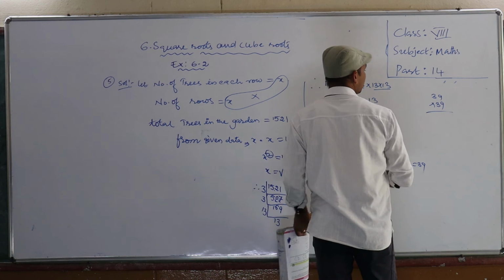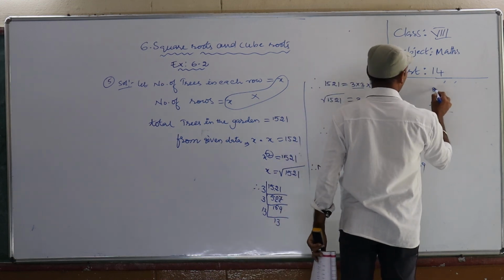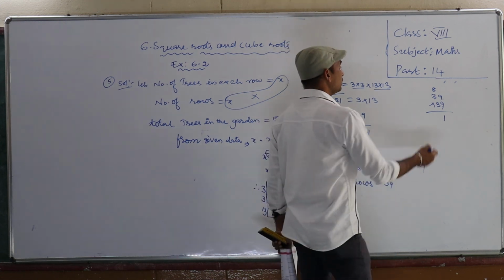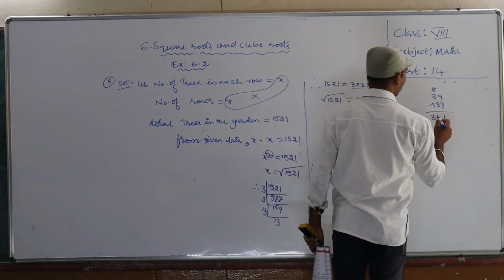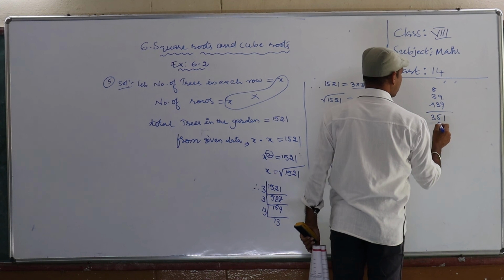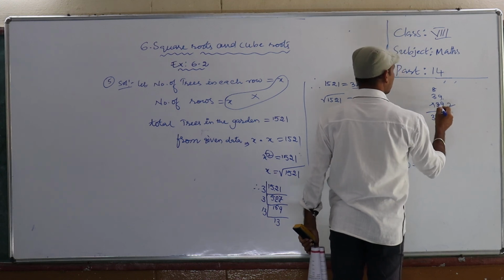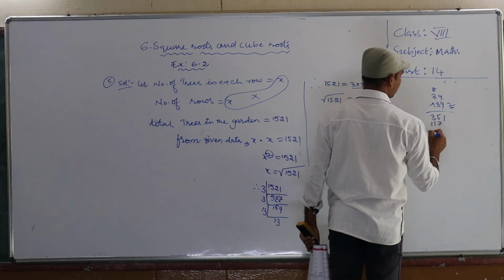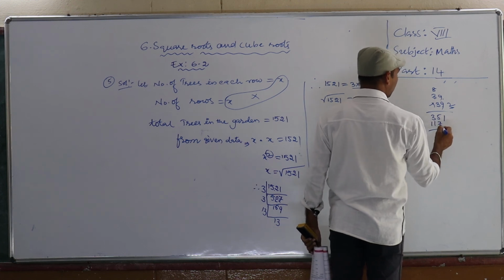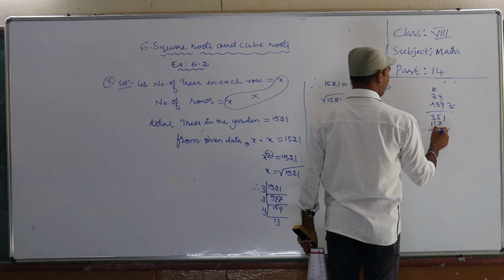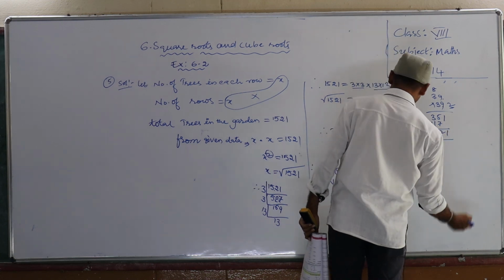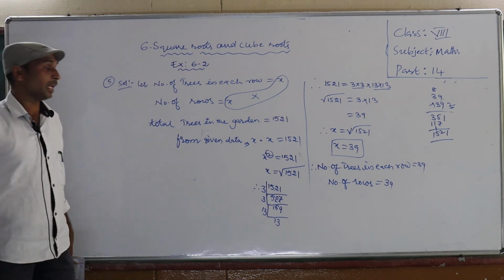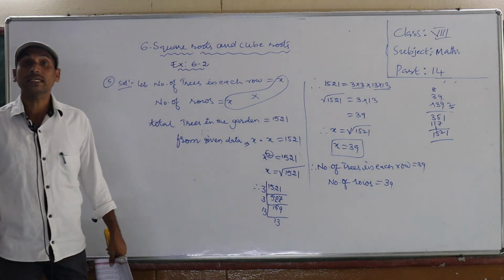Let us check once, children. 9 9s are 81, 9 3s are 27, plus 8 is 35. 3 9s are 27, 3 3s are 9, 9 plus 2 is 11. So 1, 5 plus 7 is 12, 3 plus 2 is 5, 1. So got it children? In this garden, how many rows are there? 39.